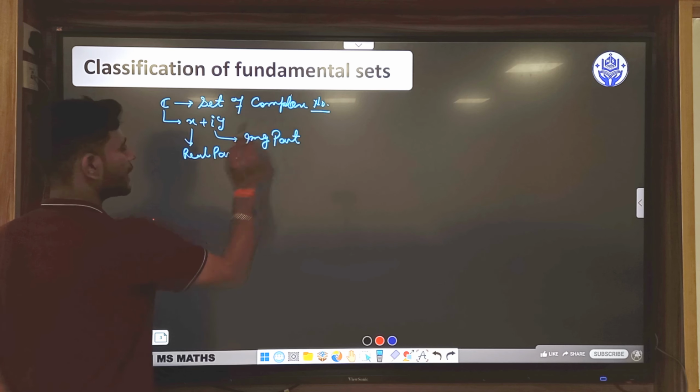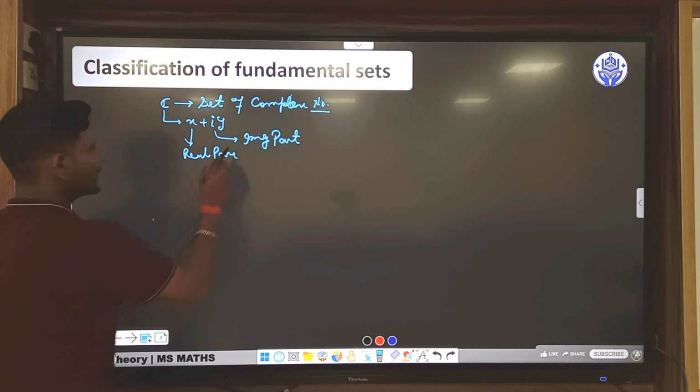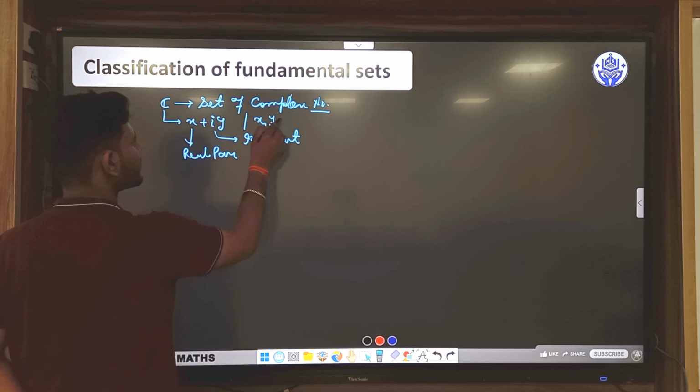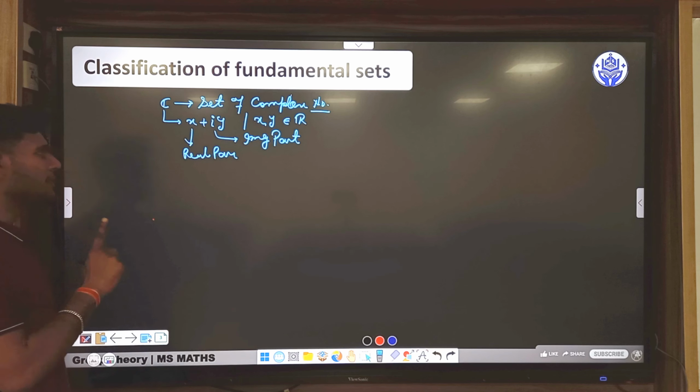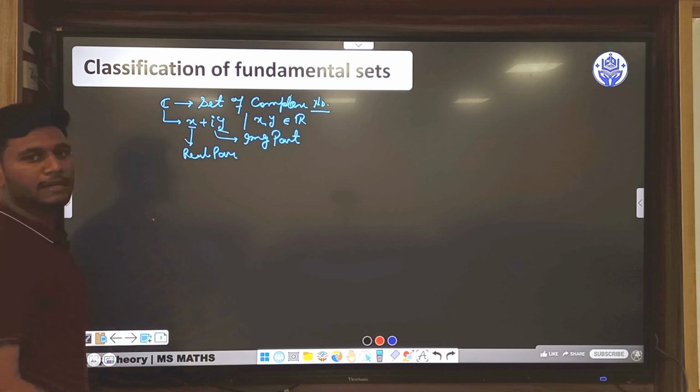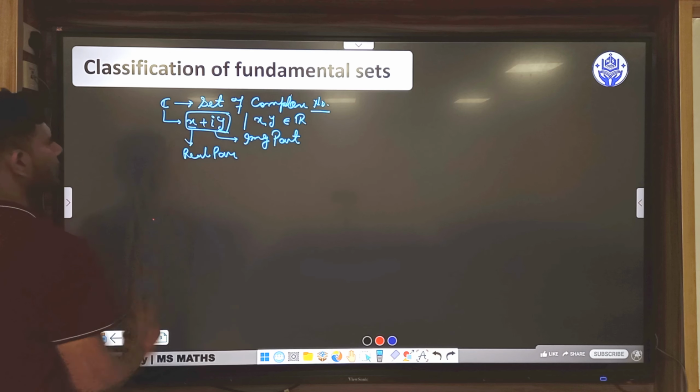It has two values, but remember that x and y both belong to the real numbers. In this case x and y are real numbers. These are not imaginary. This complete number is called imaginary.